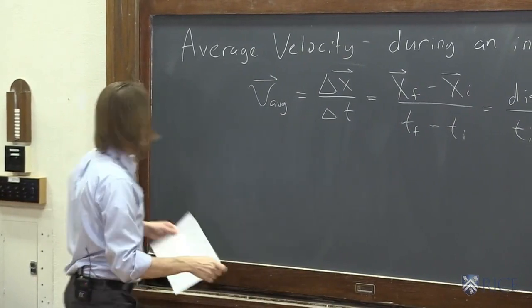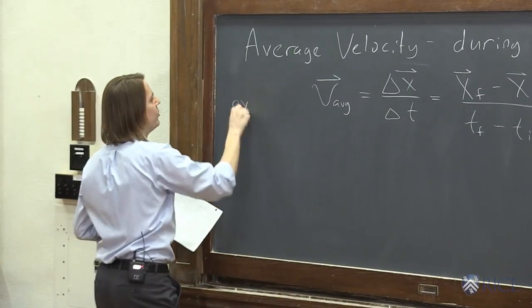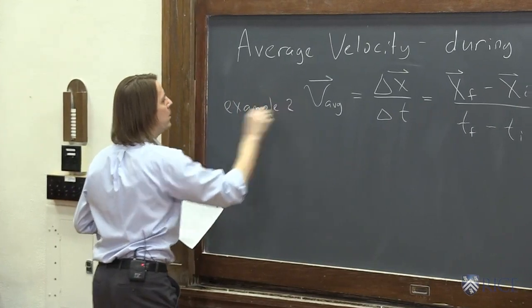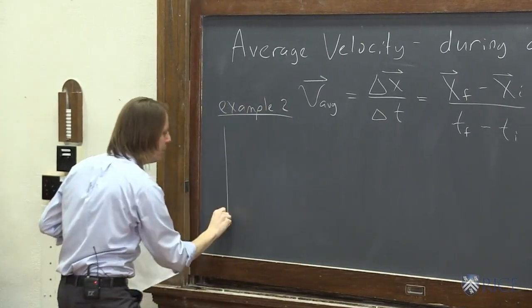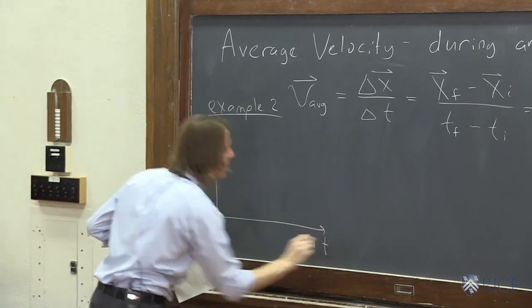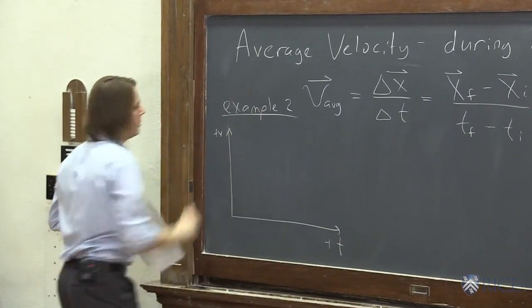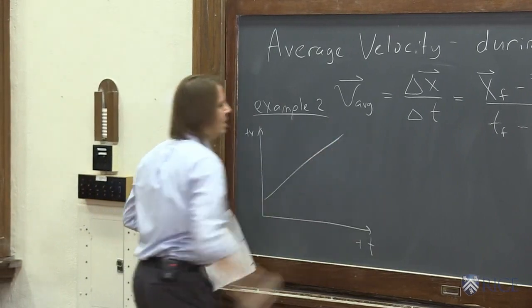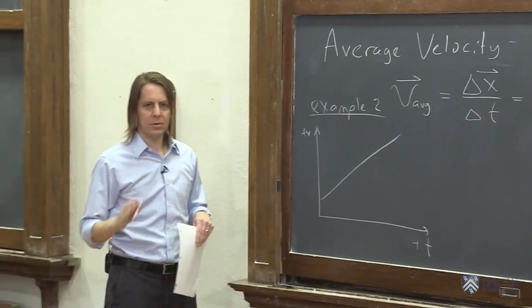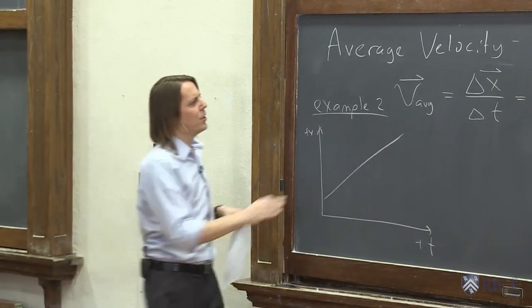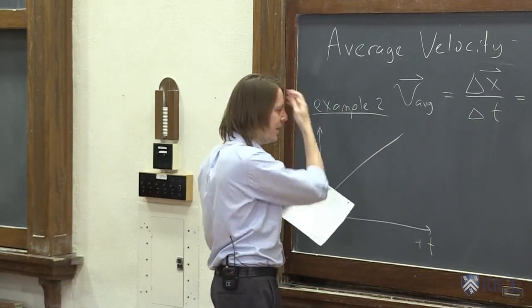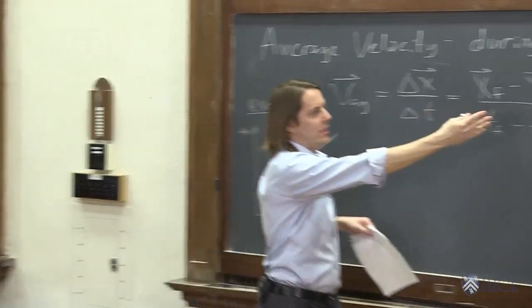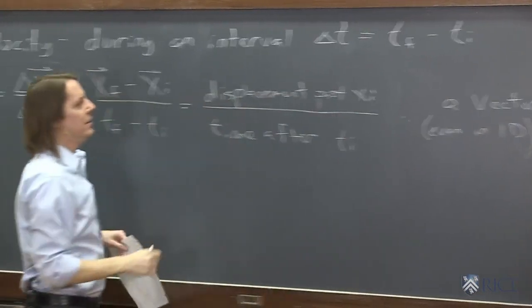Now let's look at our example of motion. This is still example 2. Okay, and here we are. We have plus t, we have plus x, and we had some offset or something, but basically for uniform motion we know it's going to be a line. So if we wanted to think about what does this v average look like on a graph like this, we need a time interval. We need ti and tf.